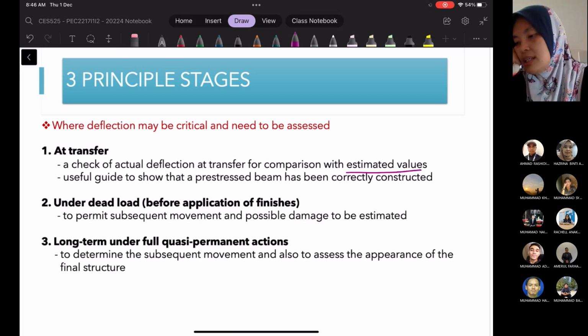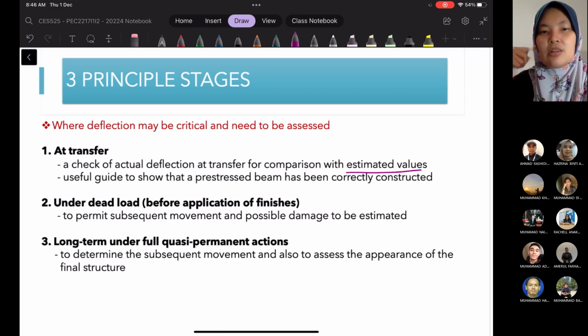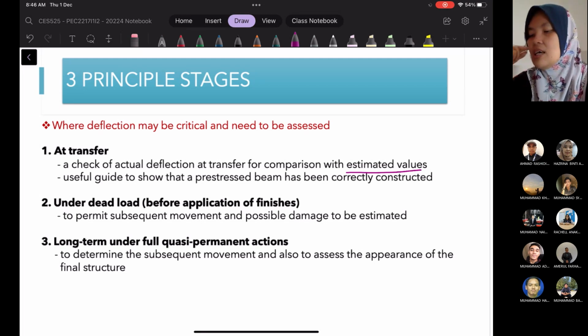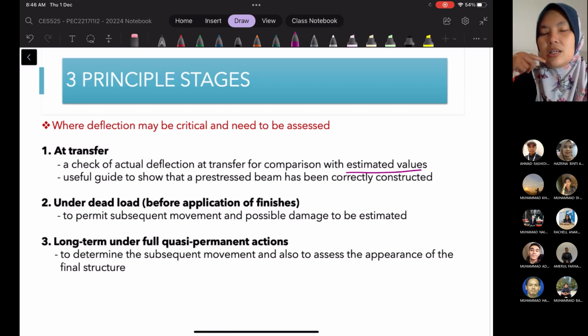Then the second one is under dead load, before the application of finishes, which is to permit subsequent movement and possible damage to be estimated, right? So this is the second stage. Then the last one is long-term under full quasi-permanent actions, right? So this is basically bila kita sebut long-term, it is already under service loads, okay?